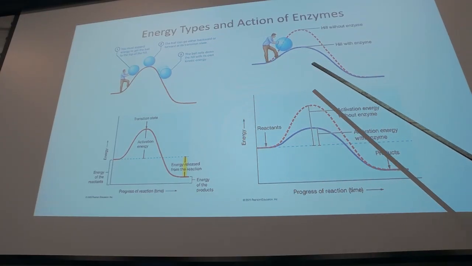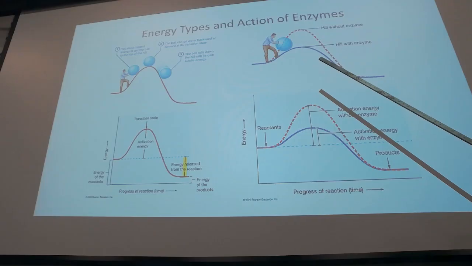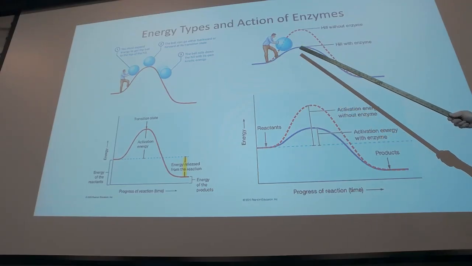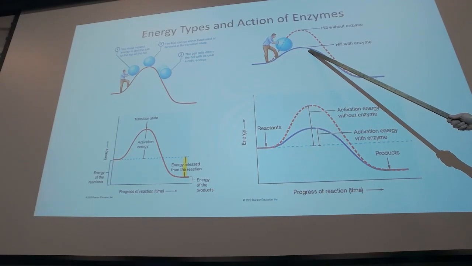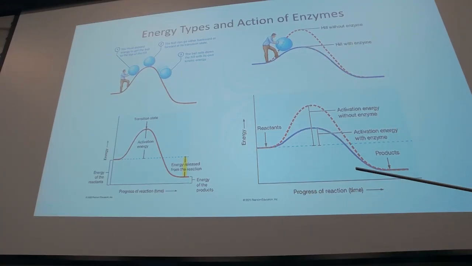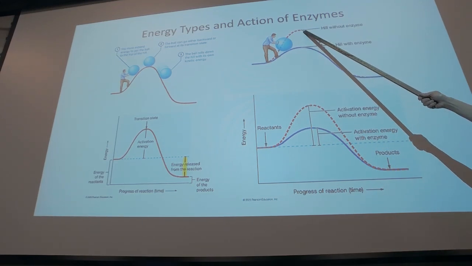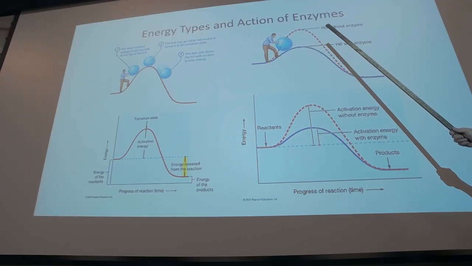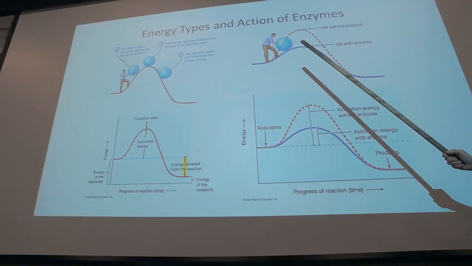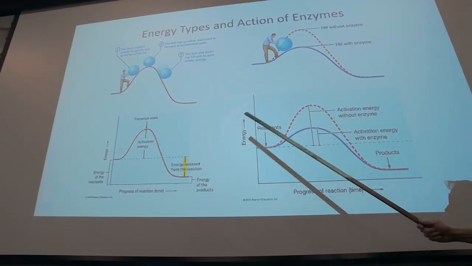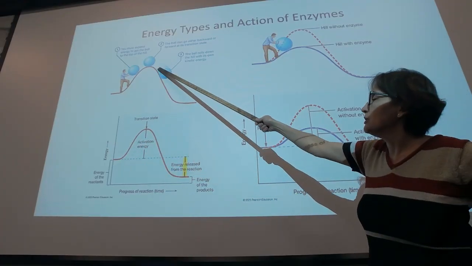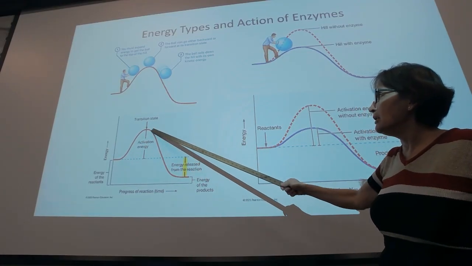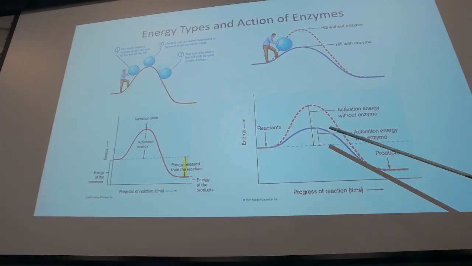Now, how would you reduce the amount of energy that is required to roll the ball? Well, in this case, of course, you could go to a lower hill, if you have one nearby. But in actual chemical reactions, what happens is that you can have the chemical reaction going as if it was going over this tall hill, and you still have the chemical reaction.